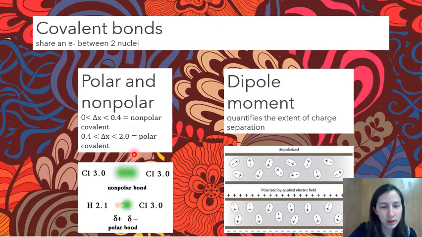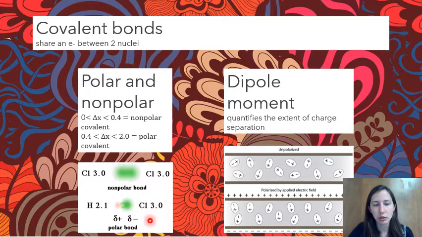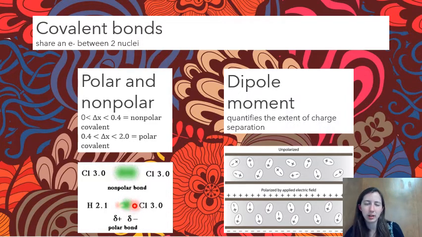That means one side is going to hold on to those electrons a little bit longer. The chlorine side, because it's larger in electronegativity, attracts the electrons more to its nucleus, so they hang out over here more, making this side slightly more negative, as we see right here. And this side is going to be slightly more positive, as we see right here.